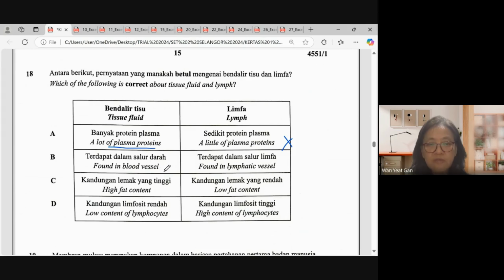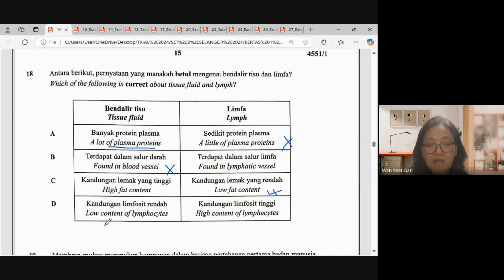Tissue fluid is found in between the cells. So this is also wrong. Tissue fluid is not high in fat content. Lymph is higher in fat content. So this is wrong.